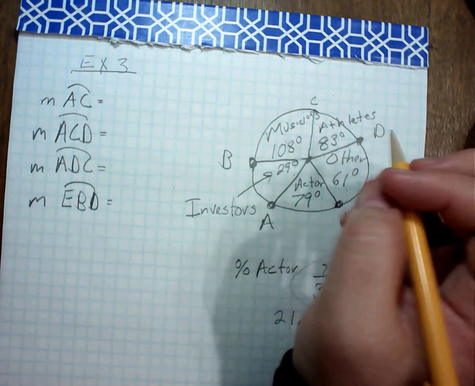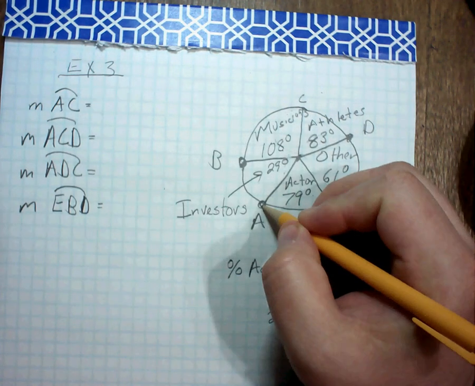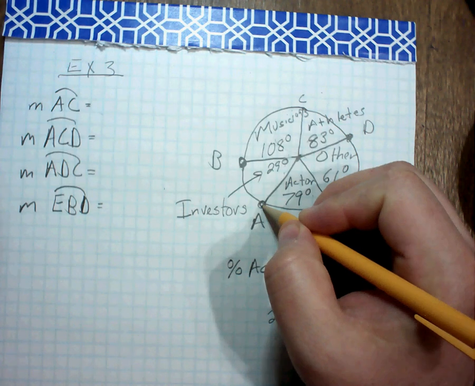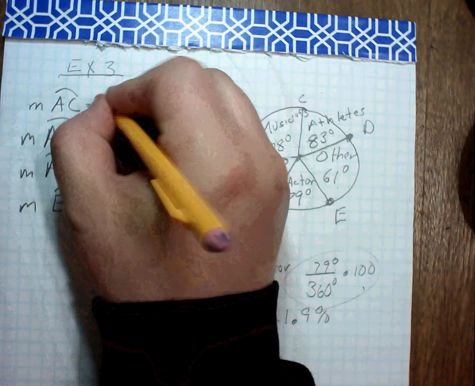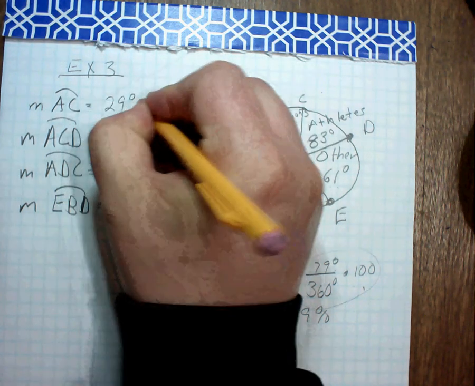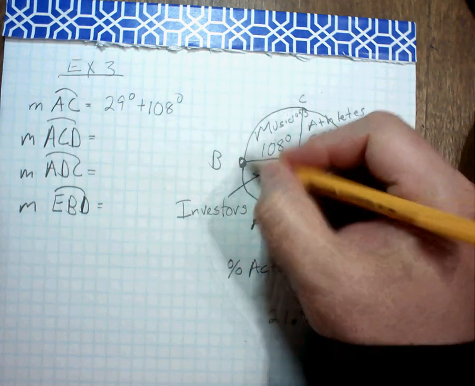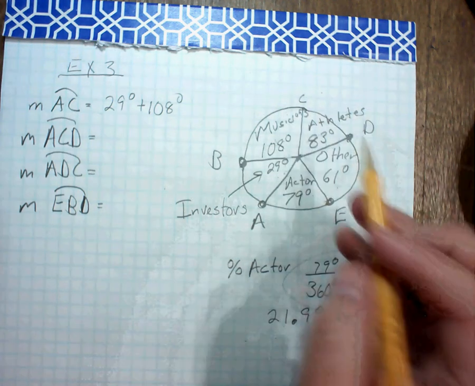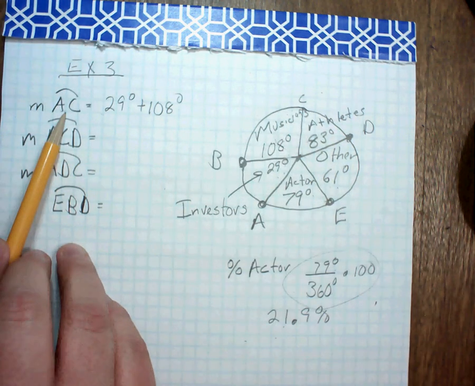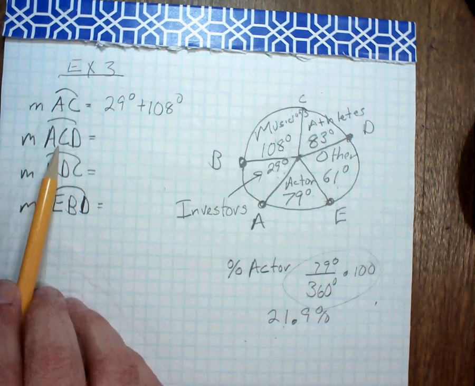Okay? So to find the measure from A to C, we have a tendency to focus on the minor arc. So it's probably going to be 29 plus 108. All right, so that would be 29 plus 108, just from A to C, the minor arc. Now A to C could also be this way, but what we tend to do is if it's just two letters, you focus on the minor arc, and then if they want you to do the major arc, they throw in a third letter.